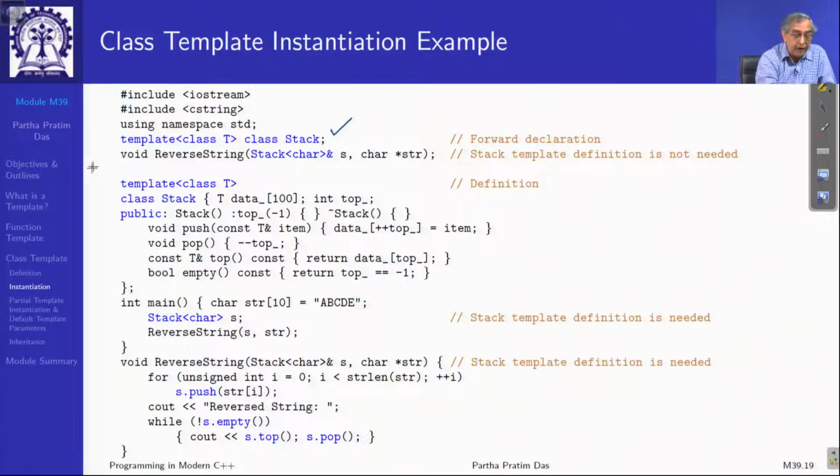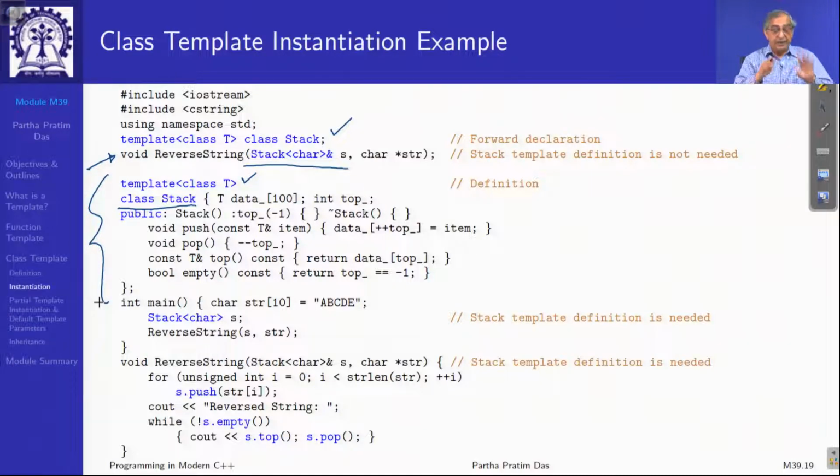So, I want to make a forward declaration, I want to write the signature of the reverse string function, and to be able to do that I need this stack type to be known, and I am passing the stack by reference. Note that I have not yet defined the stack class, and it is perfectly okay, because I am just defining a reference. Then again I say template class T, class stack, and I provide the definition.